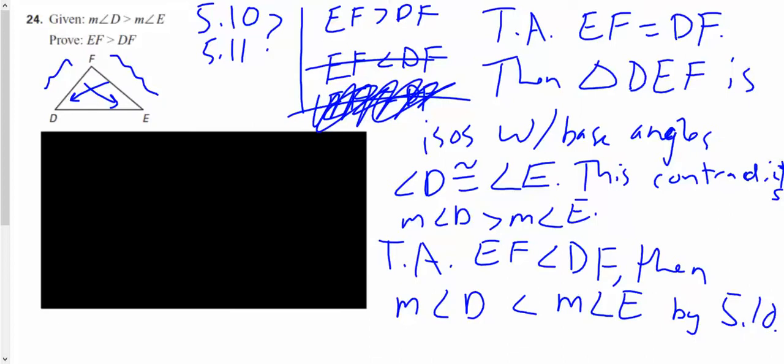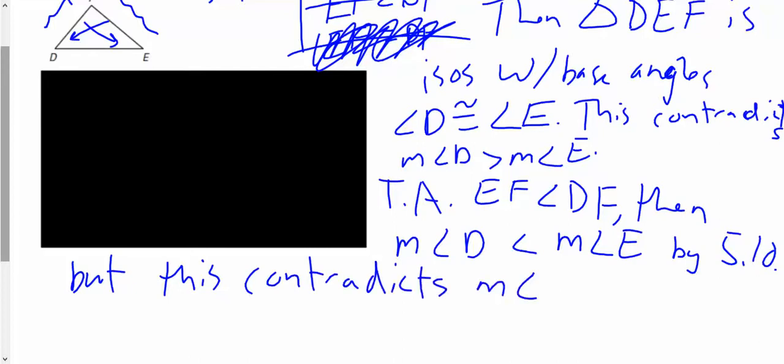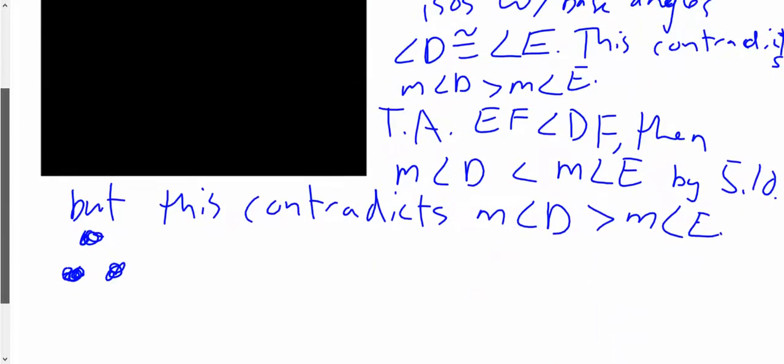So this is 5.11. Okay, but it says D is supposed to be greater than E. But this contradicts the measure of angle D being greater than the measure of angle E. Therefore, we just showed that this cannot happen. So EF must be greater than DF.